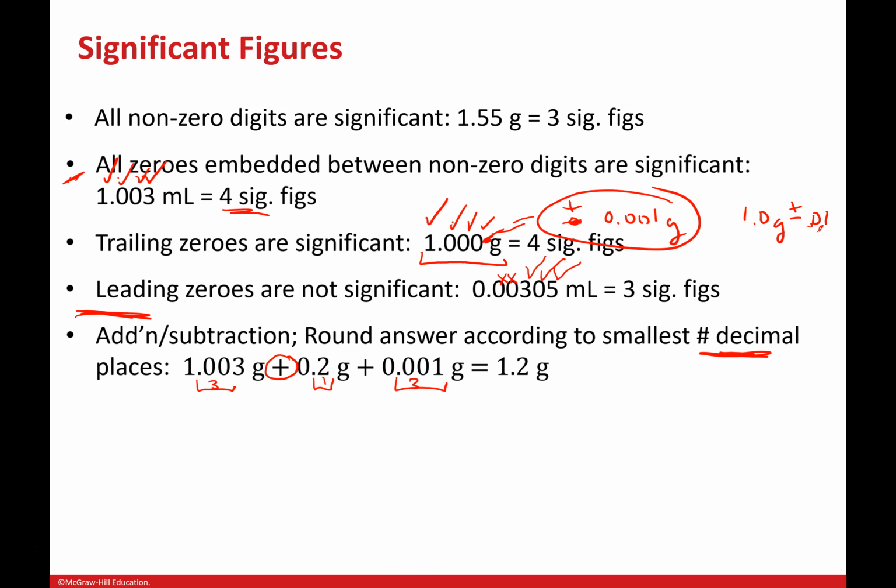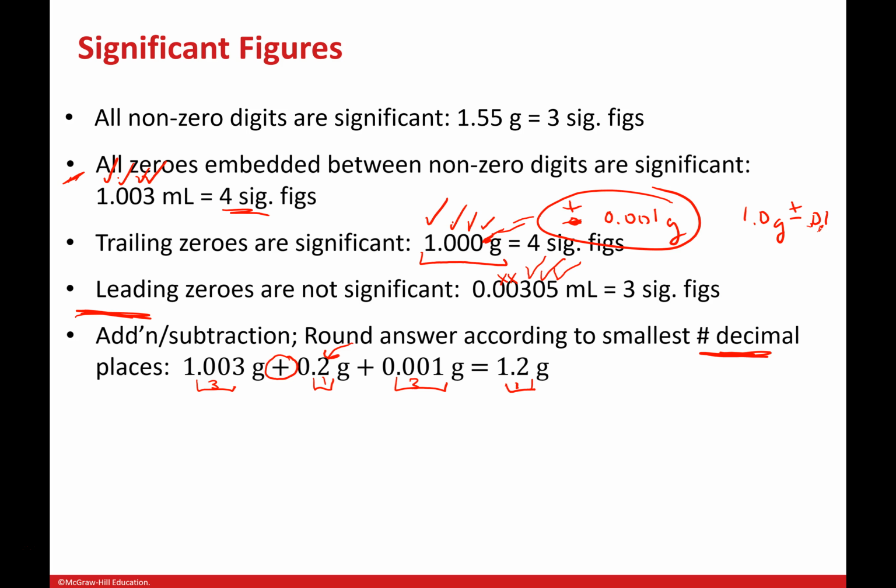So I have 3, 1, and 3. You'll notice that the answer is to 1 decimal place, because that's all that's allowed. That's not what my calculator displays, but in my answer I can only give 1 decimal because of this one right there.